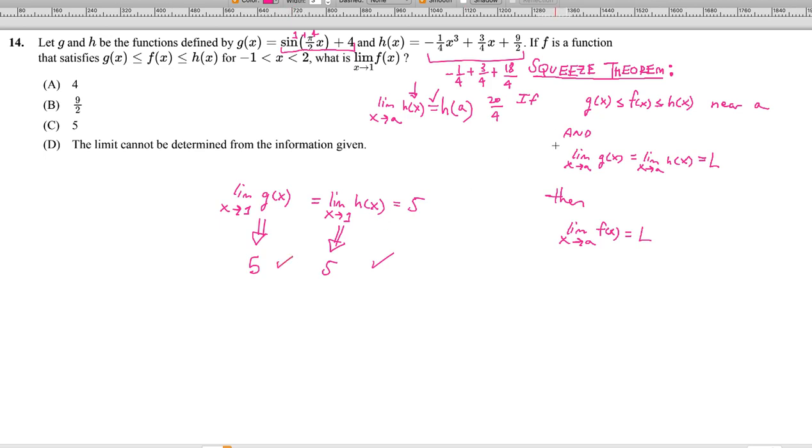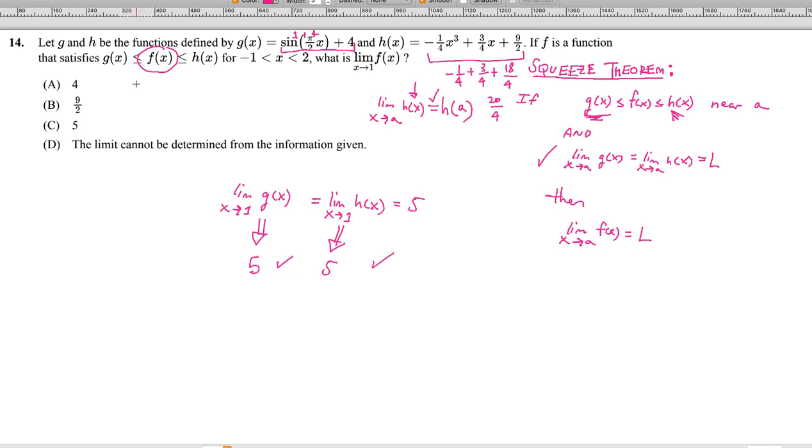So this being true, the limits of the two squeezers are both the same. That means the in-between function has to be between whatever this function value is and whatever that function value is, by this inequality.